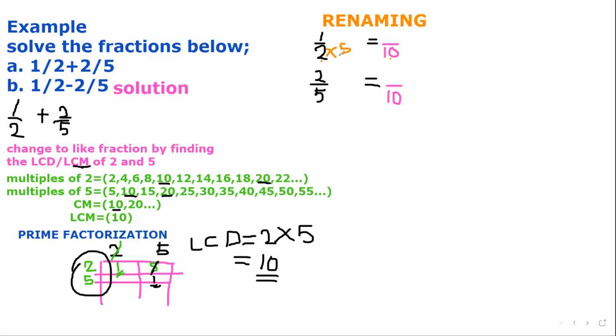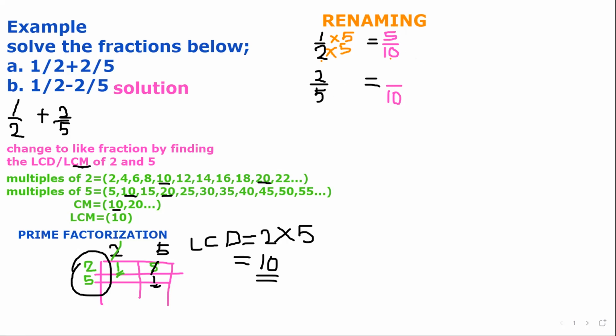Since the 2 times 5 give us 10, therefore the same 5 that we multiply by the old denominator here must multiply by the numerator here, so that we can also get the numerator here. So the 1 times 5 will also give us what? 5. Give us 5 here. Okay, good.